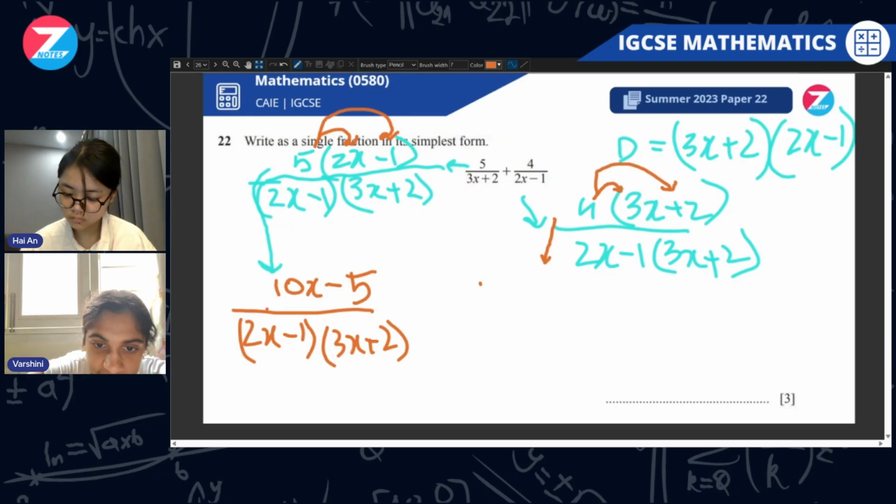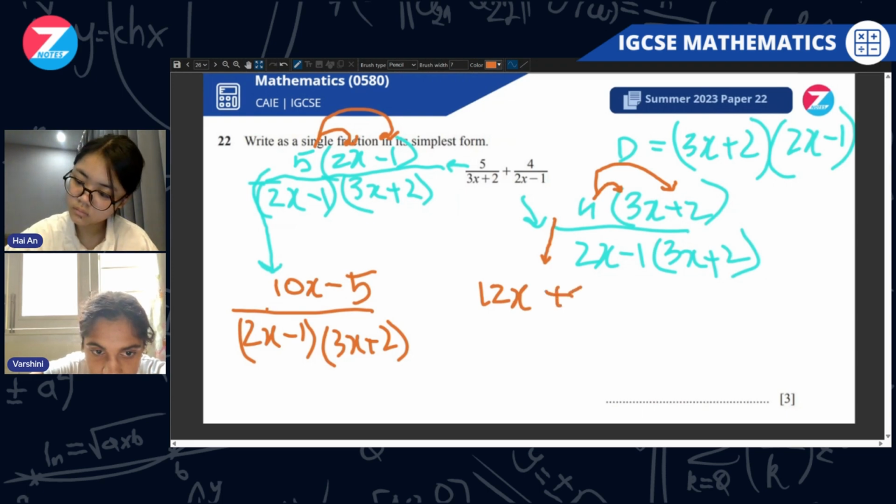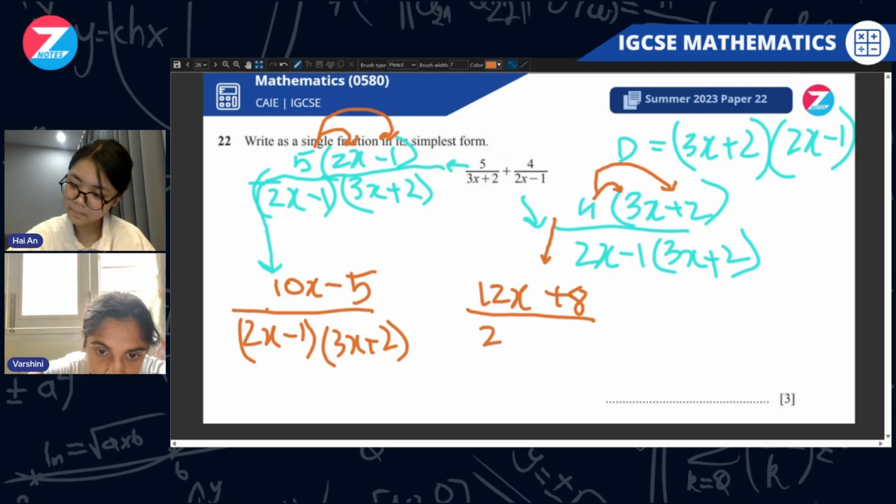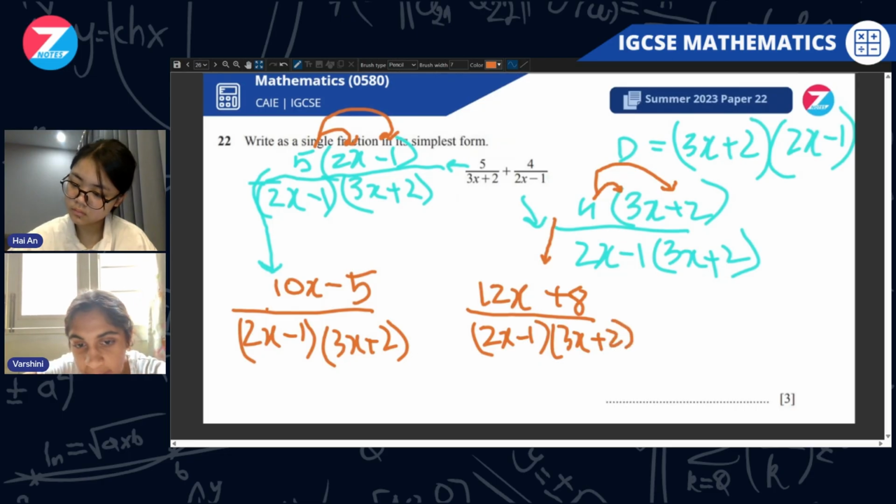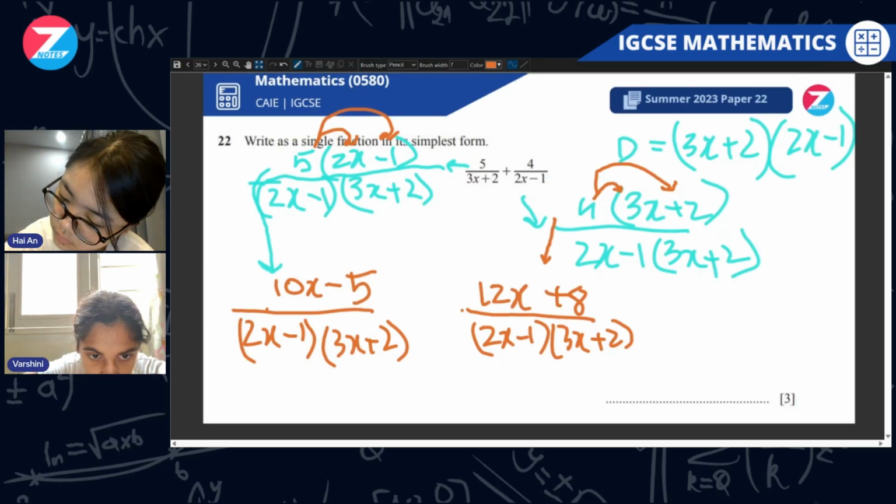So 4 into 3x is 12x, and 4 into 2 is 8, so plus 8. And again, it's divided by our same denominator, 2x minus 1 into 3x plus 2. So now since these denominators are finally the same, we can add them. So to add them, let's extend this line, make a plus sign.